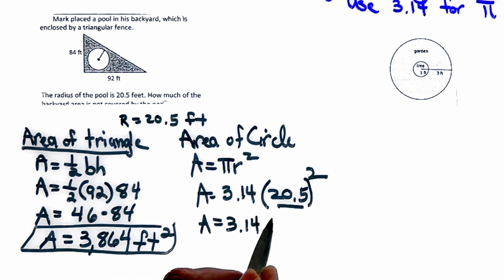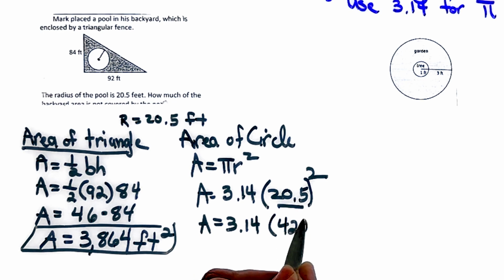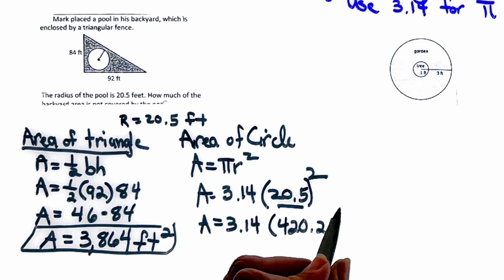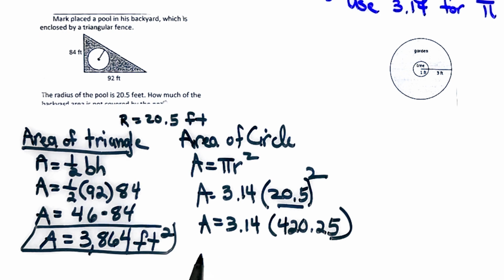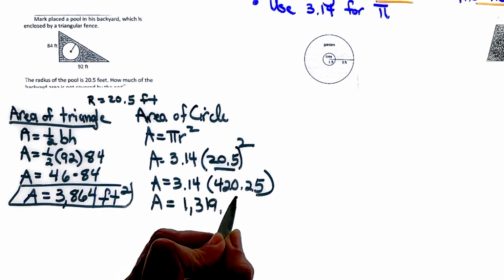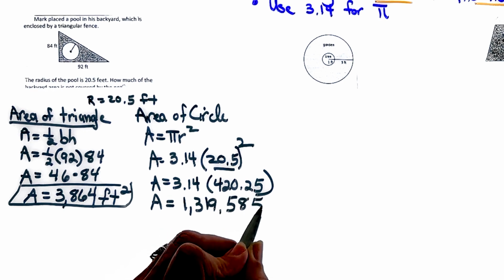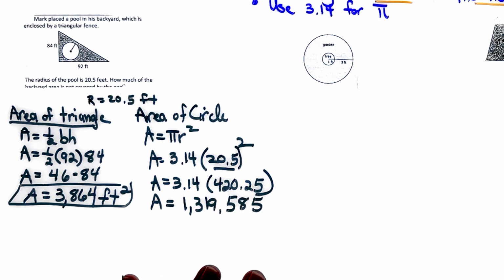So I know that 20.5 squared is 420.25. And now I'll multiply those two numbers together, and I get 1,319.585. I'm not doing any rounding yet until I get to my final answer. So this is the area of the circle.